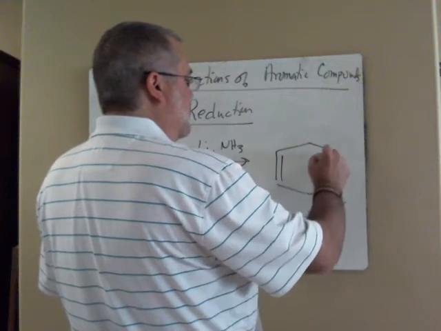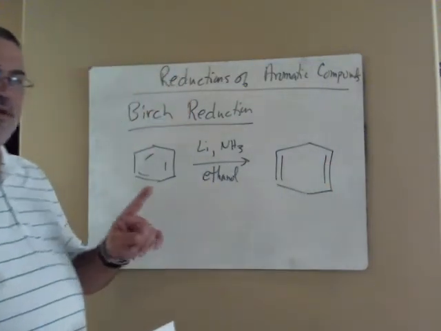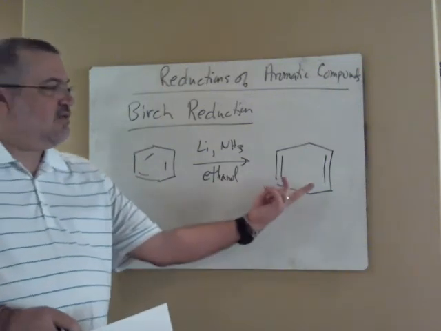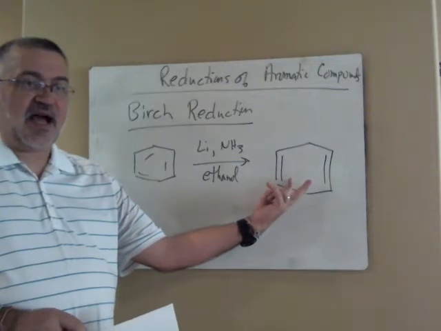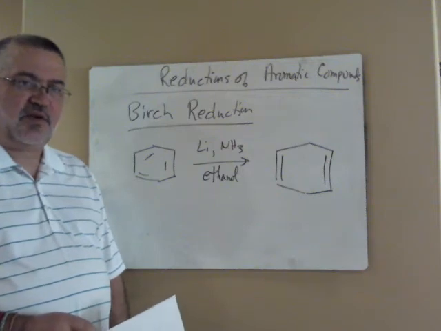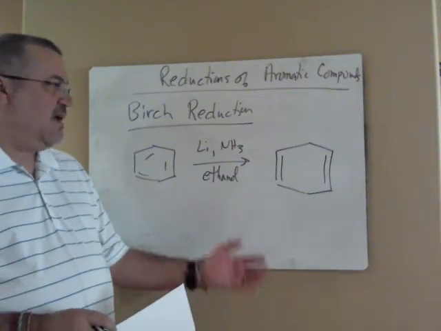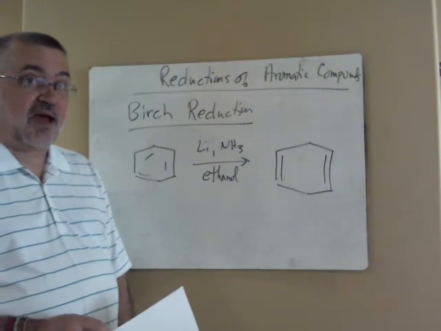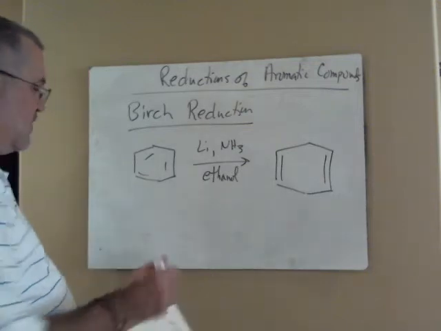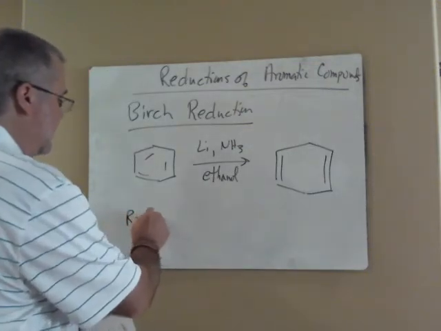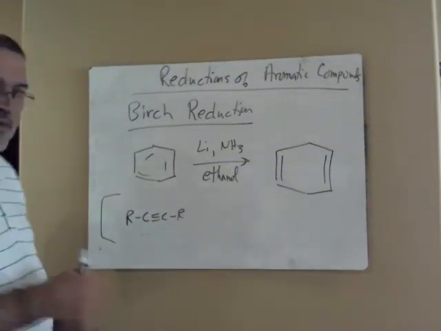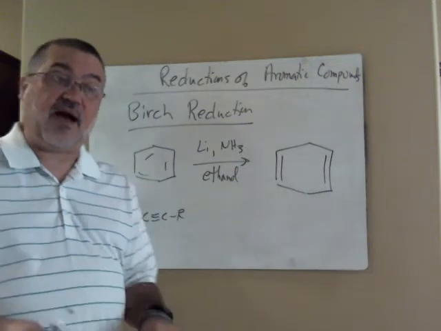And this is kind of interesting because it's really only reducing one of the double bonds in the benzene ring. And so it's leaving a diene. But notice that the double bonds aren't in conjugation. That's just really weird, but it in fact works. Okay, it just kind of goes against intuition, but the Birch reduction occurs. And just because some of you are looking at me like I'm crazy, compare this to, and I'm putting brackets here because this is just an aside, go back and look at this.